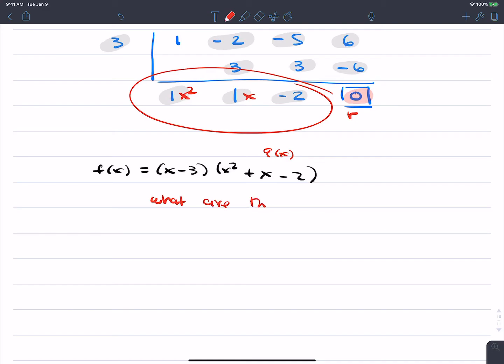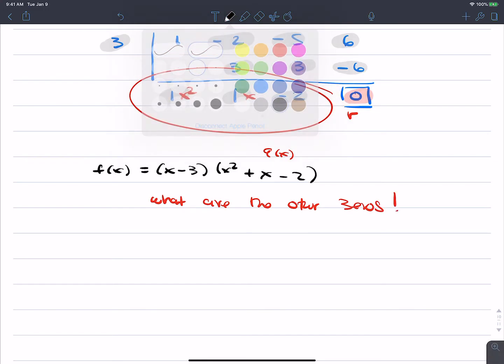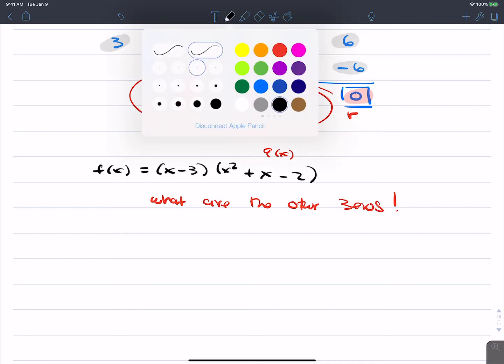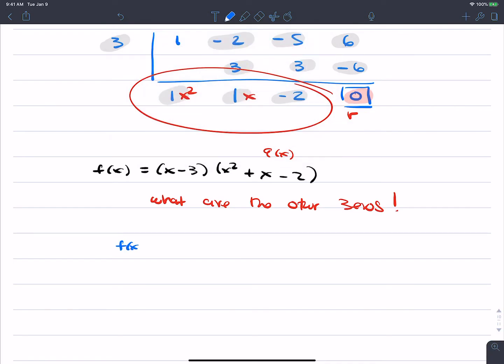What are the other zeros? Well, you can find the other zeros simply by doing the following. You're going to set your original function equal to 0, which means x minus 3 times x squared plus x minus 2 will equal 0.